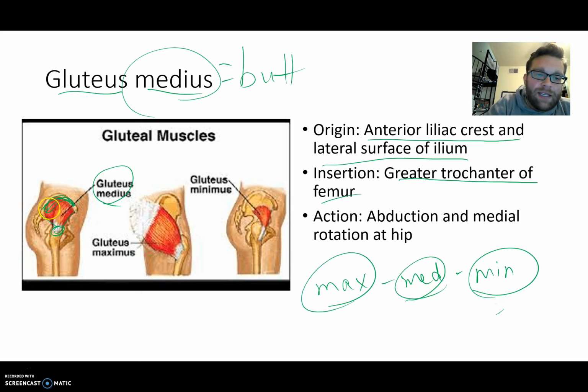I start with the medius because it helps me orient myself when I'm describing the other two muscles. I always try to find this one first. It helps me to remember that it's in the middle and that it goes to the greater trochanter of the femur. That's a very visible, easy spot to find when I'm trying to identify this muscle. So that's where I start. Gluteus medius, so in the middle.